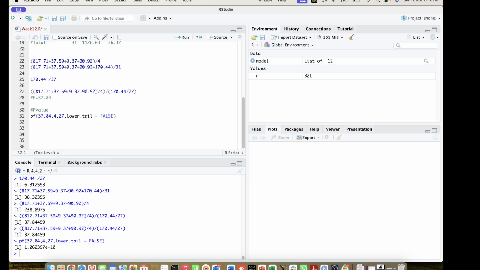Alright, so the p-value in this case for analysis of variance is to be calculated in this manner. Just a minute.